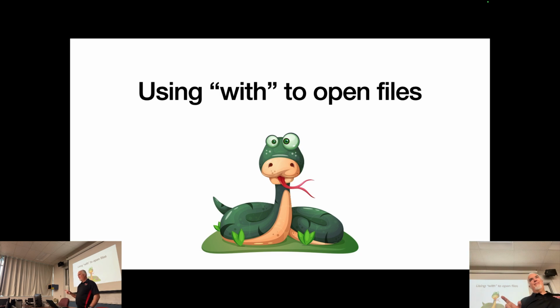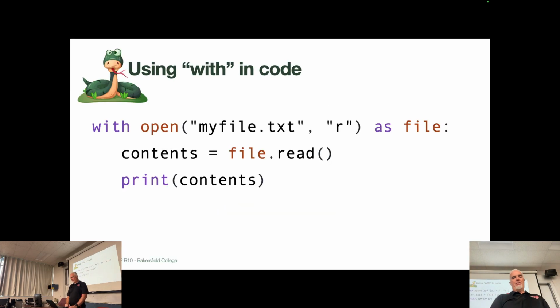But there's a better way. There's a better way to open a file that allows you to not worry so much about closing it when you're done. And it's called using with. With is a new command for us. It's a new structure, but it's called a context.